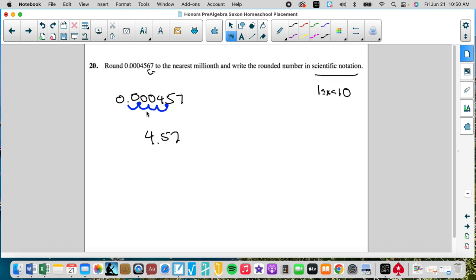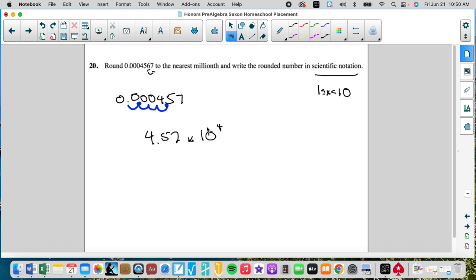And now every decimal place I moved is a factor of 10. Since we made a smaller number bigger, where is that smallness? This is a really small number, and now this is a big number. So where did the smallness go? So we have 1, 2, 3, 4. Is it 10 to the fourth or 10 to the negative fourth?